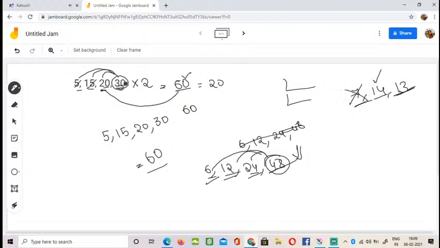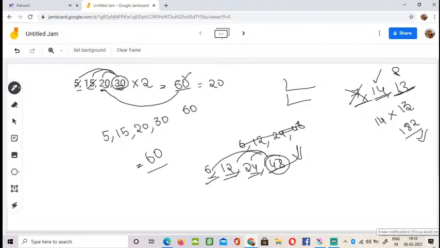If you have a prime number, and 13 is a prime number, right, then you have to multiply the largest number, 14, by 13. When you multiply 14 by 13, you get 182. So 182 is your LCM for 7, 14 and 13.